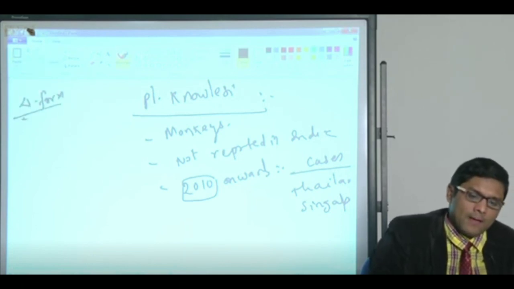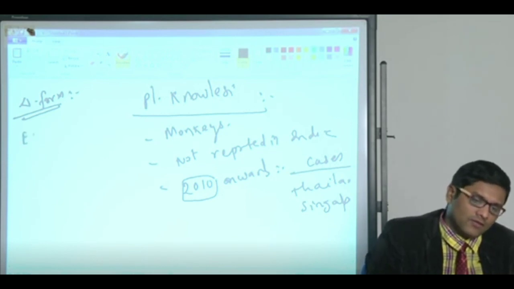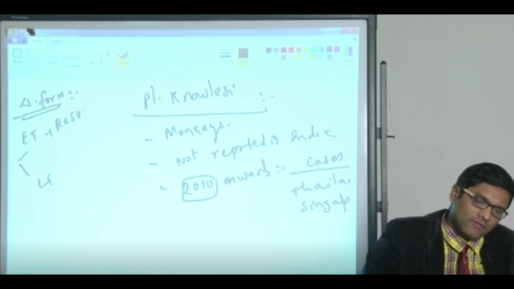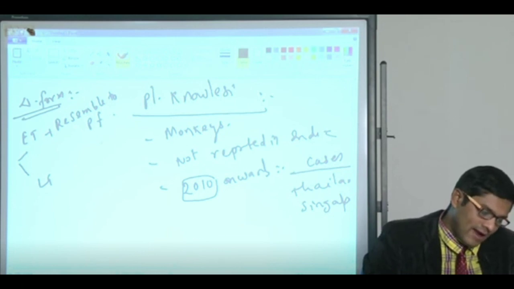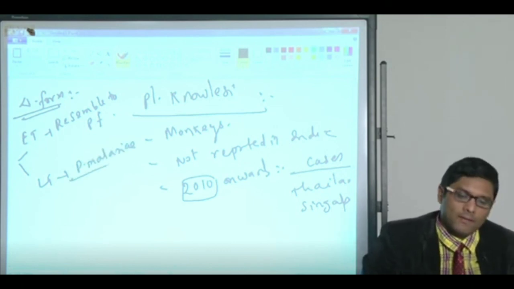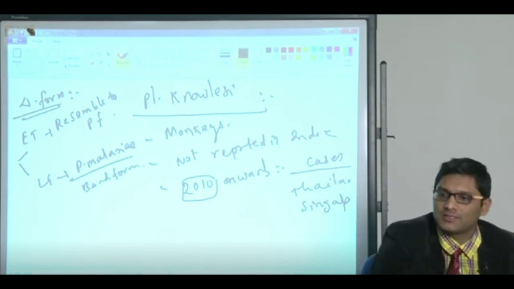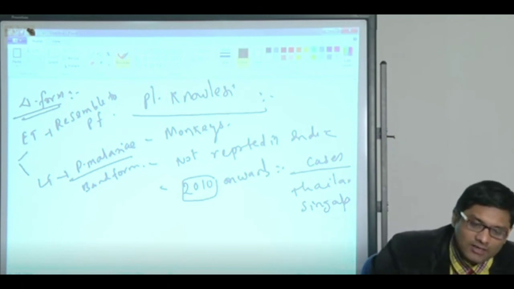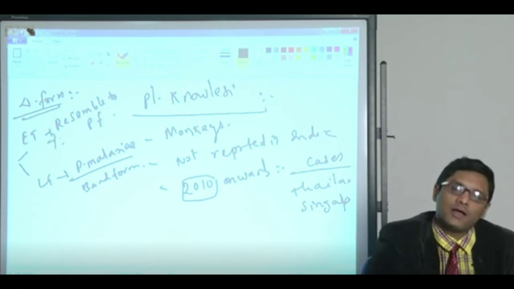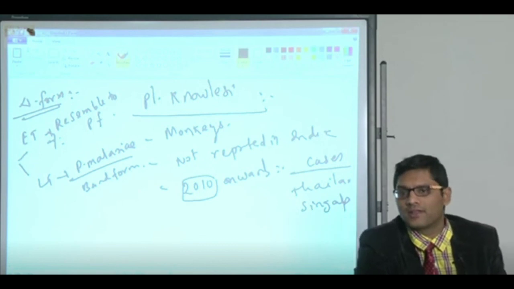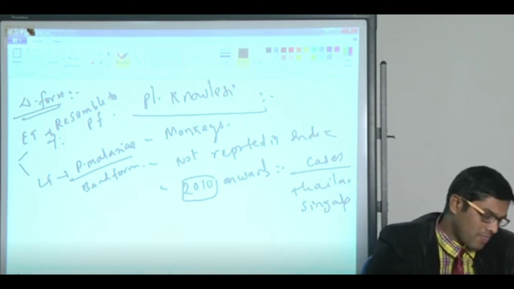They say that in Plasmodium knowlesi, the early trophozoites resemble that of Plasmodium falciparum, whereas the late trophozoites resemble that of Plasmodium malariae, band form like, it will be there, which will resemble Plasmodium malariae, whereas early trophozoites resemble Plasmodium falciparum. Multiple ring forms, other forms will be seen.